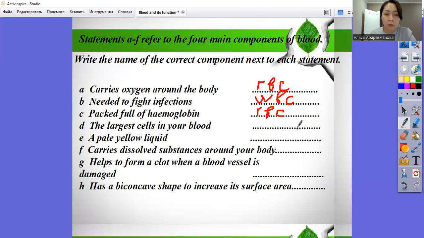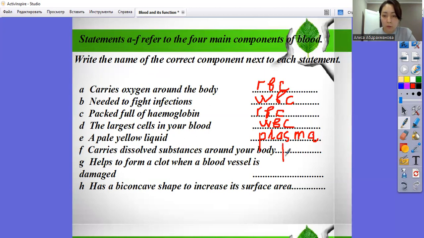The largest cells in your blood. It's white blood cells. A pale yellow liquid. It's plasma, yeah? It's plasma. Carries dissolved substances around your body.